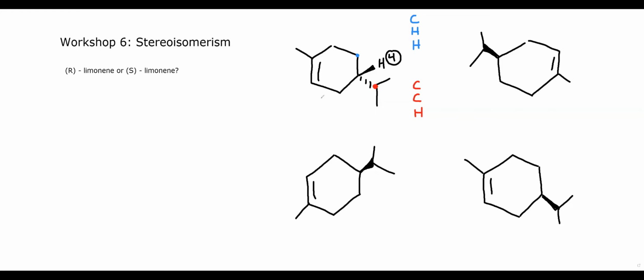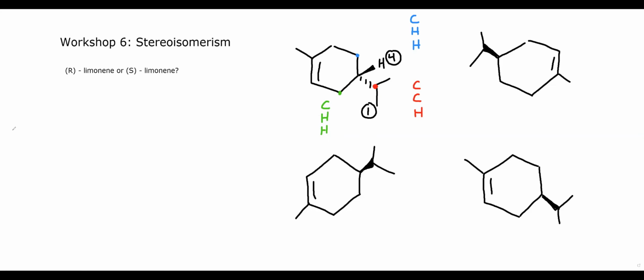And going off in the green direction, we also have a carbon connected to 2 hydrogens, another carbon and 2 hydrogens. So the red chain is going to be priority 1, our highest priority. And now we have to determine between blue and green what priority 2 and 3 are.